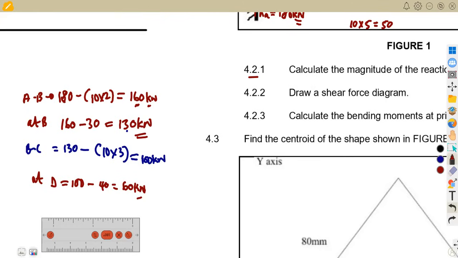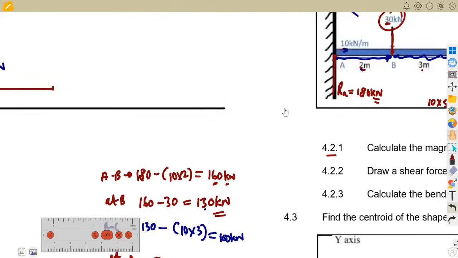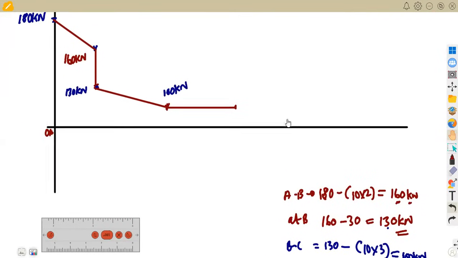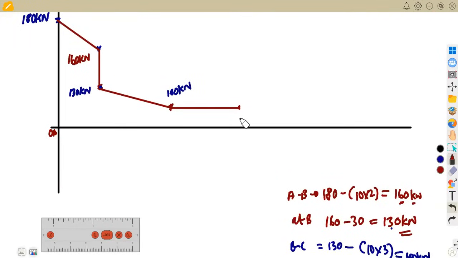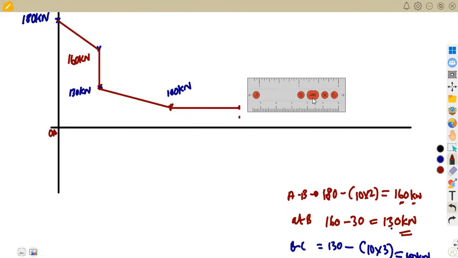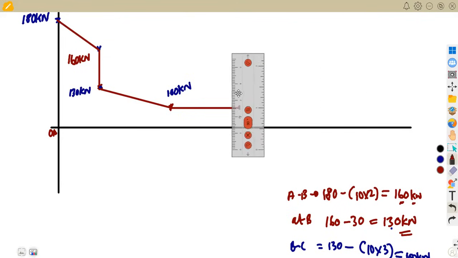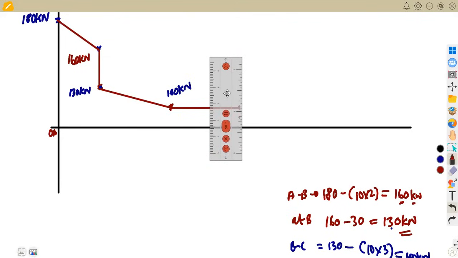Meaning to say, since we are having a point load in this case, we're just going to join down to 60. Remember, this is 100, so we go down, maybe somewhere here. That's where we've got our 60. So we have to join with a vertical line, at 90 degrees, from this point down to 60.